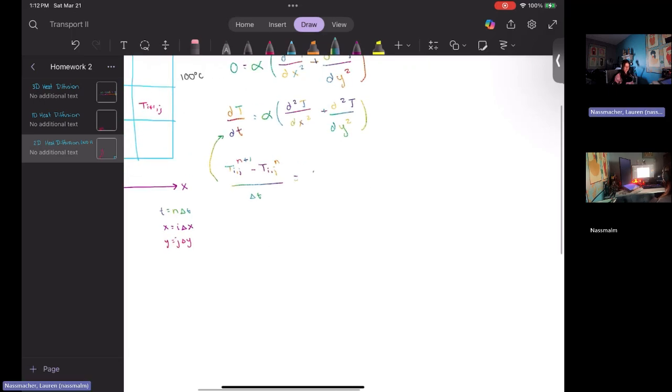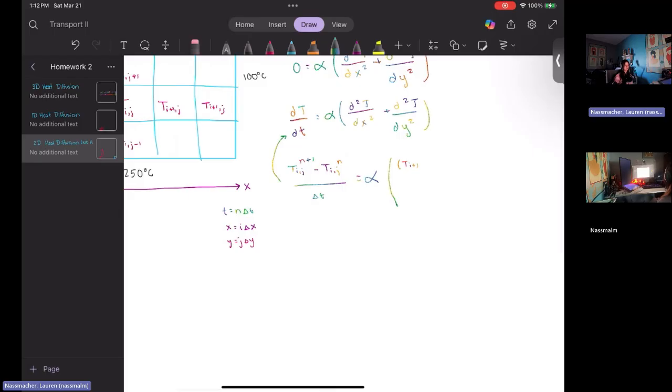And that is equal to our thermal diffusivity multiplied by the second derivative of temperature, which in our x position is going to be our temperature at i plus 1, right? Because you're changing your position for this part of the expression, so you want to add to your i. Your j is going to stay the same because you're not changing in your y direction.